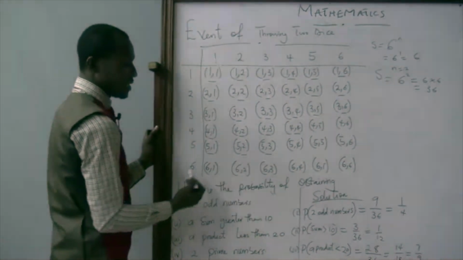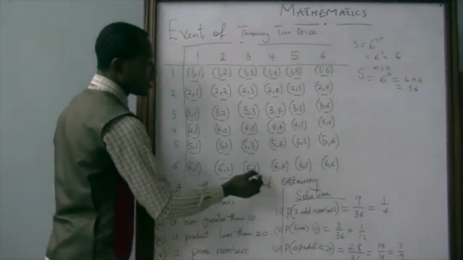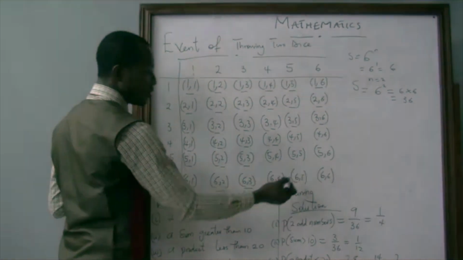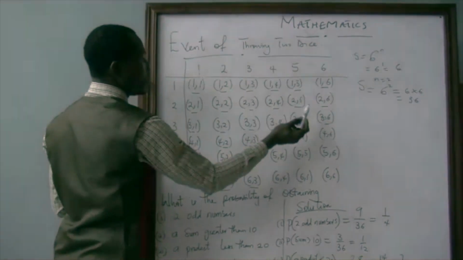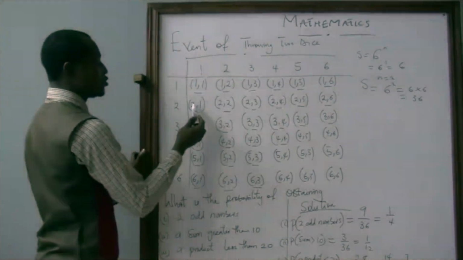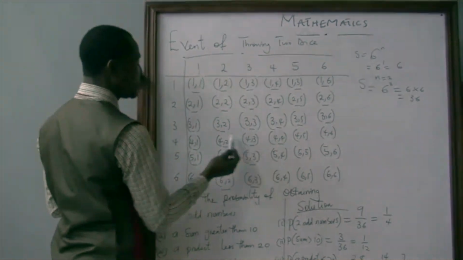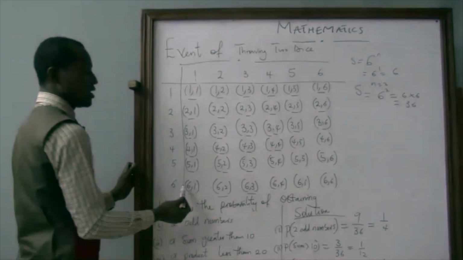6 times 1 is 6, less than 20. 6 times 2 is 12, less than 20. 6 times 3 is also what? 18, less than 20. 6 times 4 is not. So if we count that, we have 1, 2, 3, 4, 5, 6, 7, 8, 9, 10, 11, 12, 13, 14, 15, 16, 17, 18, 19, 20, 21, 22, 23, 24, 25, 26, 27, 28.